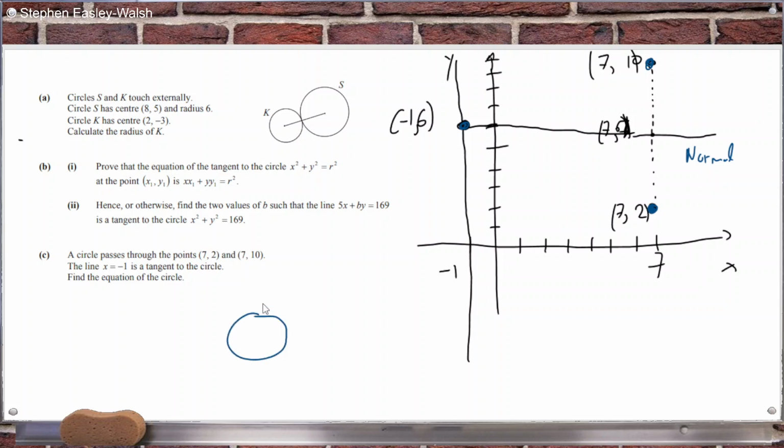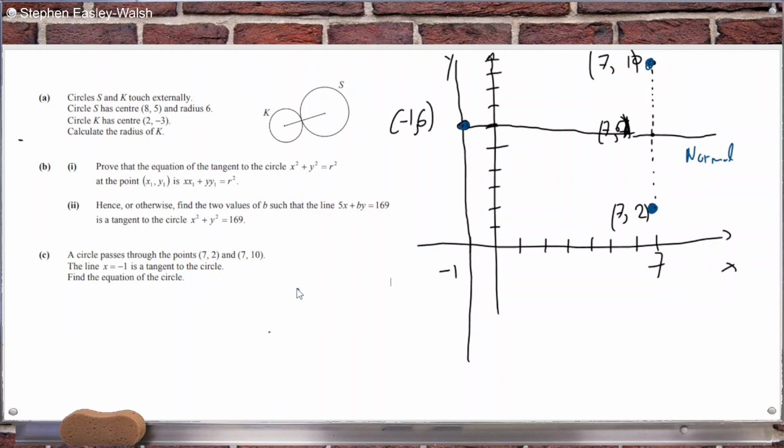You have your chord here, and this perpendicular normal to it must pass through the center, and then it goes through the center and hits the circle on the other side. But now that I think about it, I don't know for certain. No, I do know for certain that this has to be the contact point, because these are parallel. I think so.